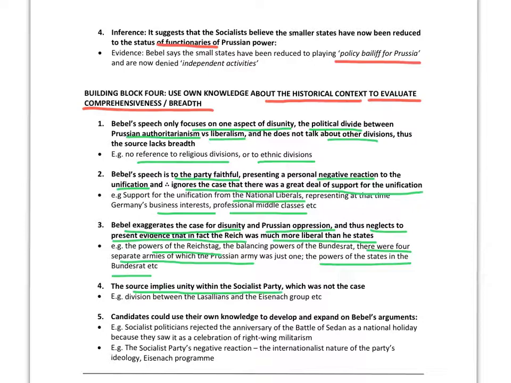He's getting lots of laughter, etc. Well, you know that there were divisions. You know that actually Bebel was an Eisenacher and there were Lassallians. Again, go to Carr, William Carr, page 132 to 3, if you want more knowledge on that. But this is A-level. You've got to be demonstrating more than just the textbook.